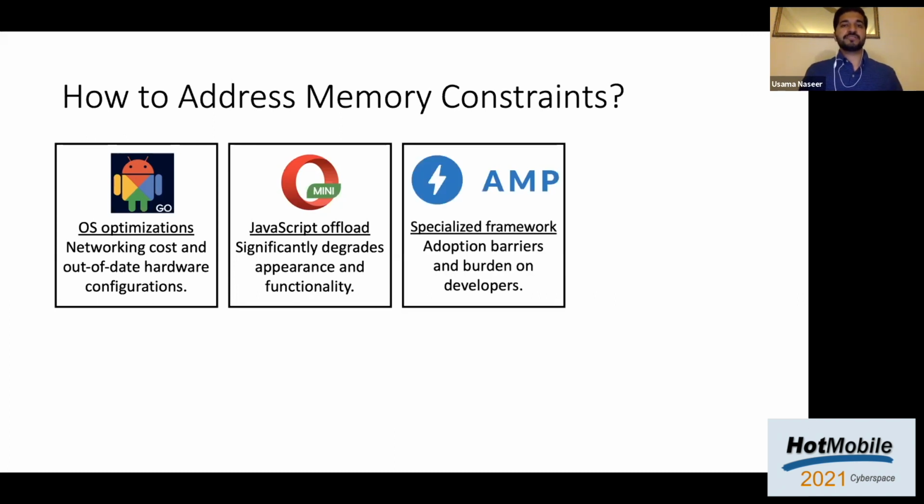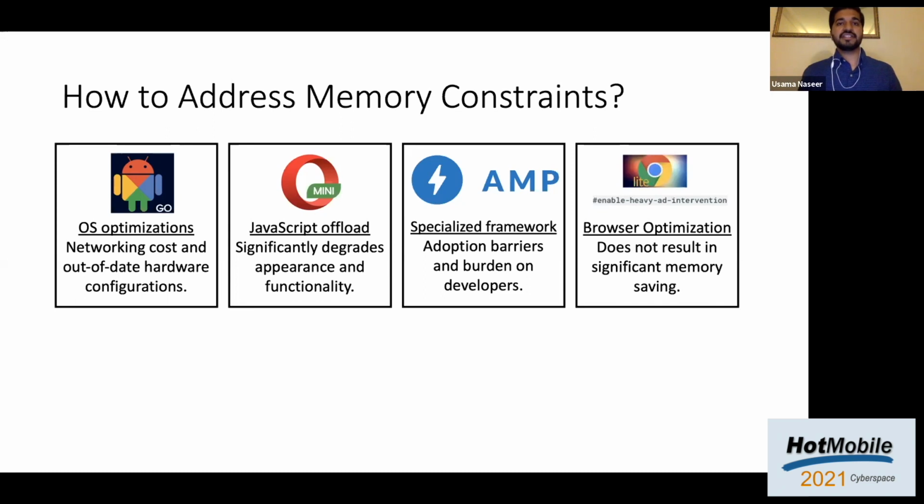Another option is to use specialized frameworks like AMP that use resources more conservatively. But this assumes that the developer will rewrite their services using AMP frameworks so that they consume fewer resources, and it puts an immense burden on the developers, and that's why we don't think it's an ideal option here.